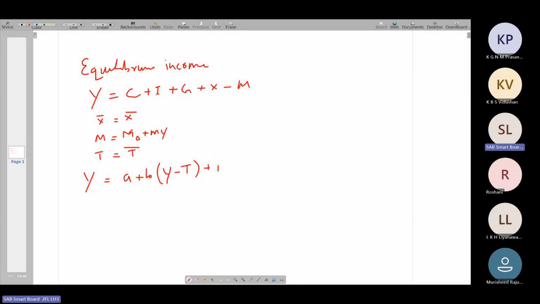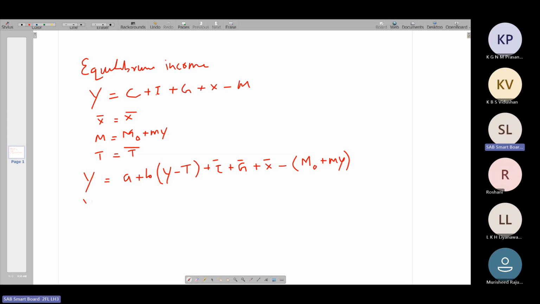Plus I bar plus G bar plus X bar minus the import function, M0 plus mY, right? So if you have the numerical values, first you need to draw the equation, model and identify the model variables, and substitute those things, then you can find the equilibrium, right?